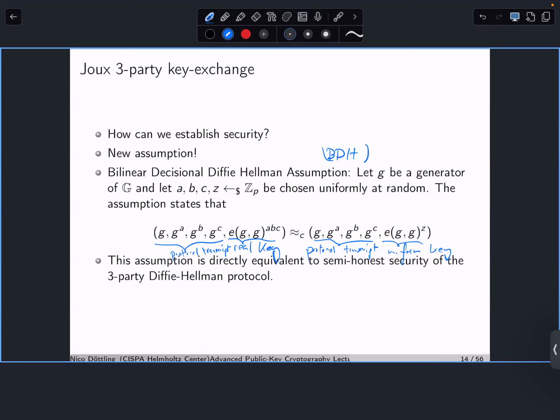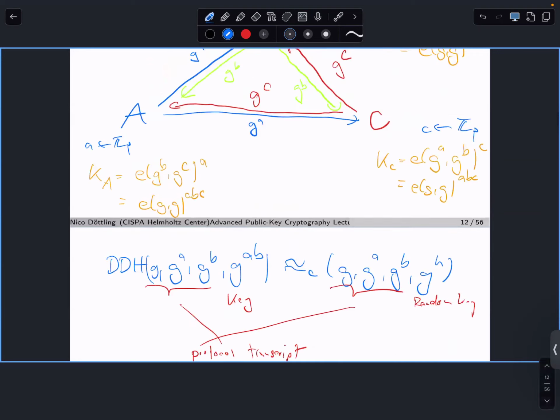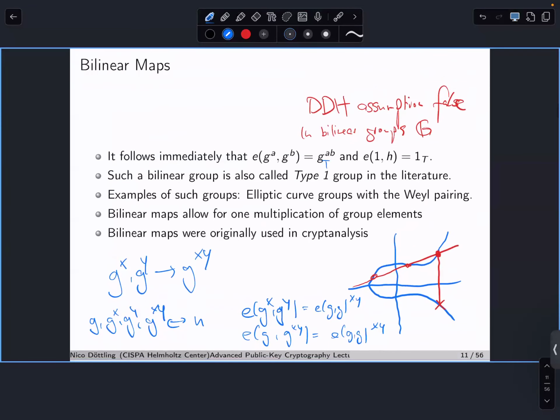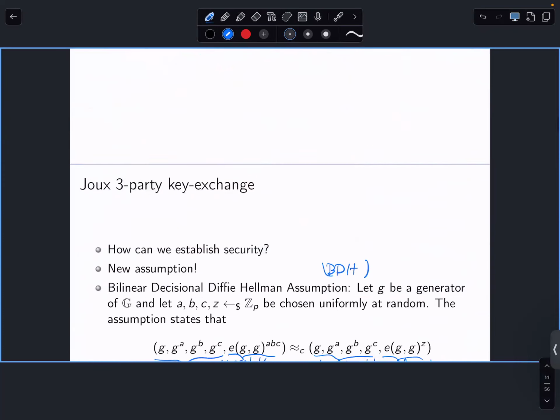CDH, that is correct. So in a bilinear group, we've just seen that the DDH assumption is false, but CDH should still hold, right? So if CDH doesn't hold, we do have a problem, right? If CDH doesn't hold, that's a very good point.